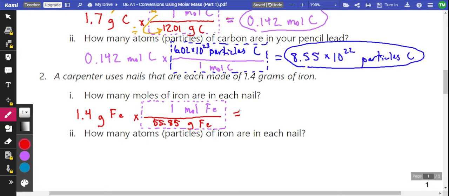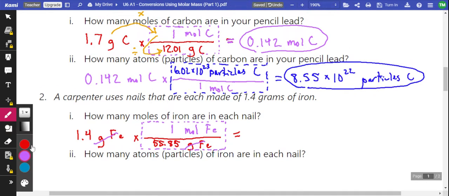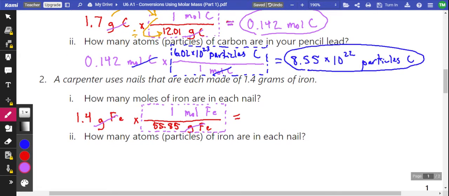So, in doing this, we should be able to get our old units to cancel. Our grams are going away, and I should have let me cancel these other ones out so it stays consistent. We canceled those. Okay, so what we come out with is going to be 1.4 times 1 divided by 55.85.